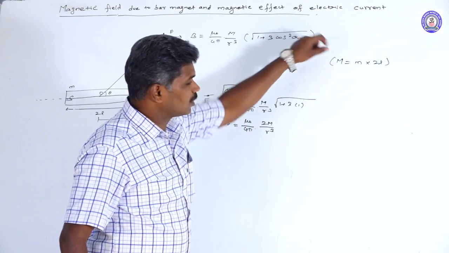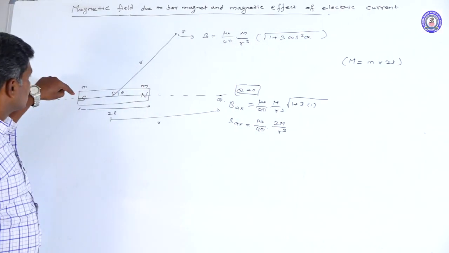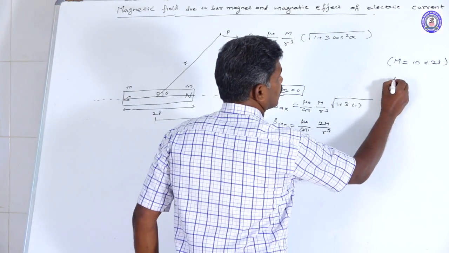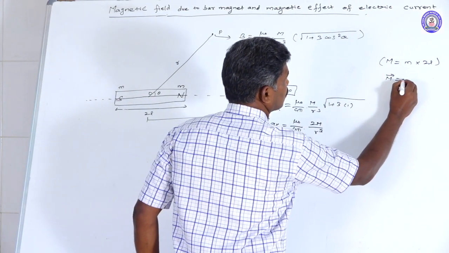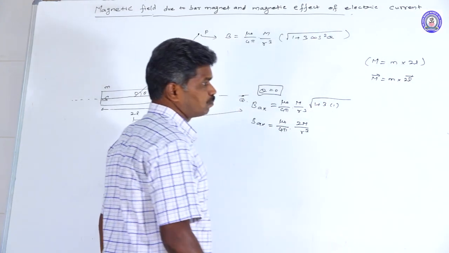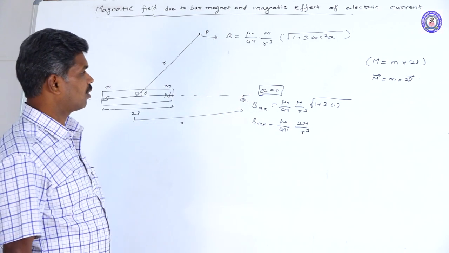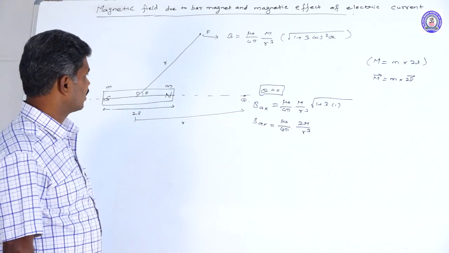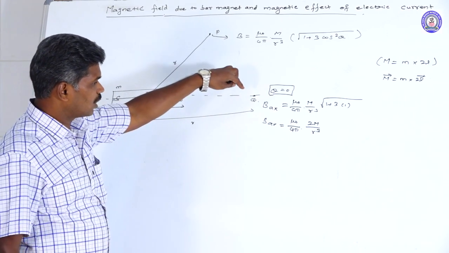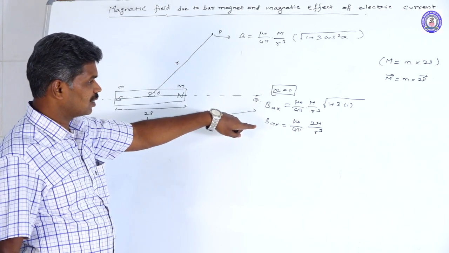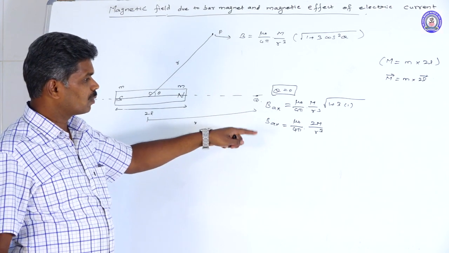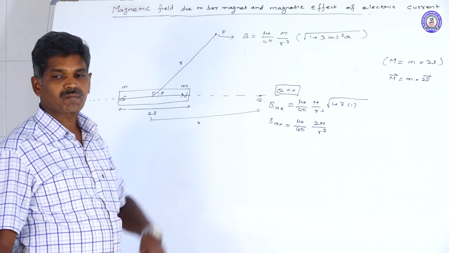It is a vector quantity acting from south pole to north pole. So we can represent the M vector equal to small m into the 2L vector. For the axial line, we can find along its axis, at any point, the magnetic induction B axial equal to mu naught by 4 pi into 2M by R cube.